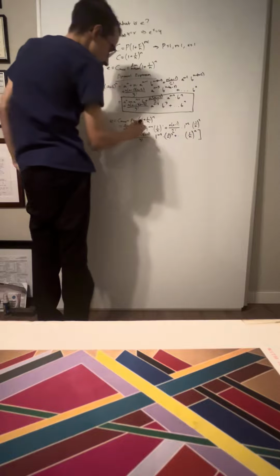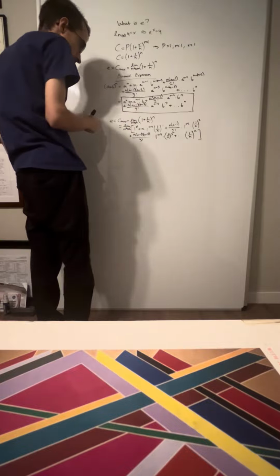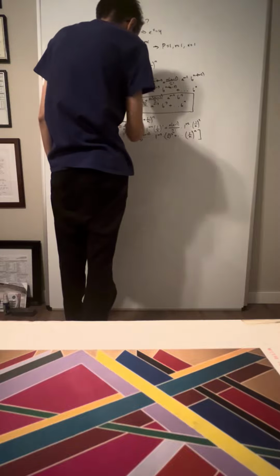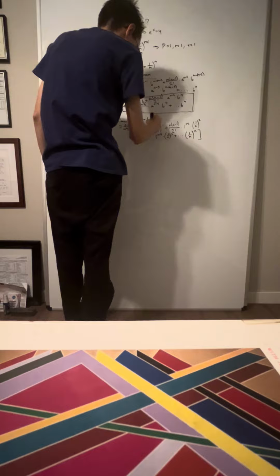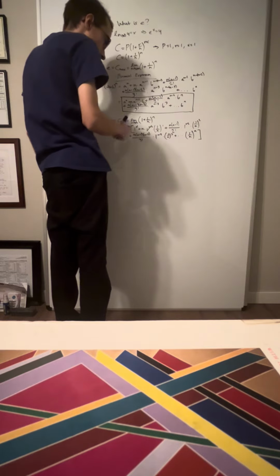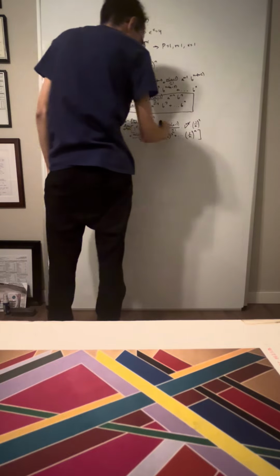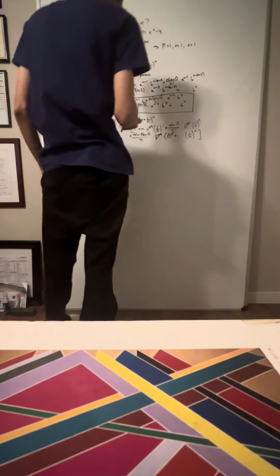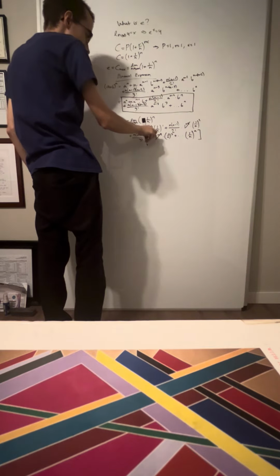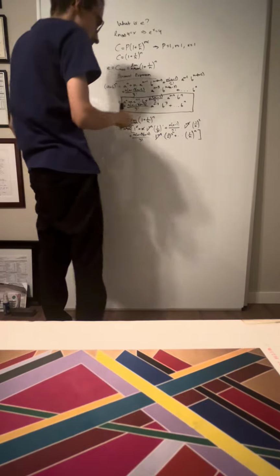So we can take away all of the 1 to the whatever powers, so just cancel those out, get rid of those, and notice how here we have an n times the 1 divided by n, so we're going to cancel the n's out there.